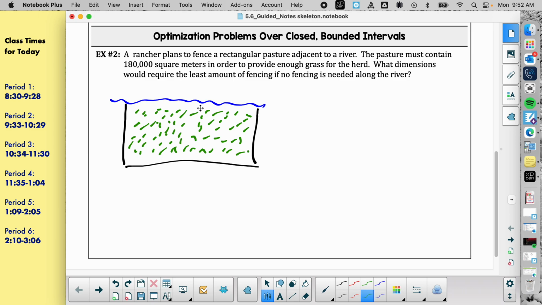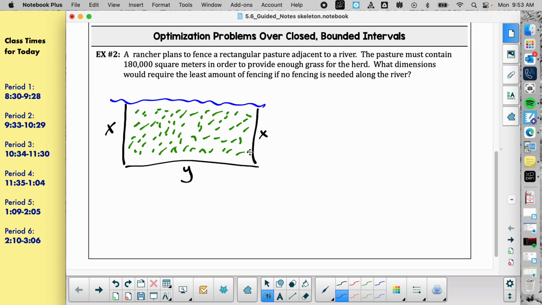So, okay, we've got a pasture. The pasture must contain 180,000 square meters. So that is telling me the area is 180,000 square meters, correct? Well, I guess I'm going to label these because I'm going to have to do something with that. What'd you say?